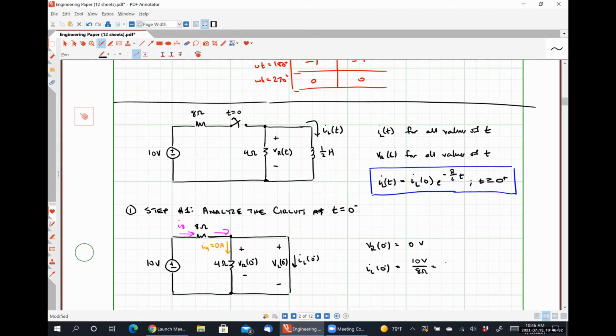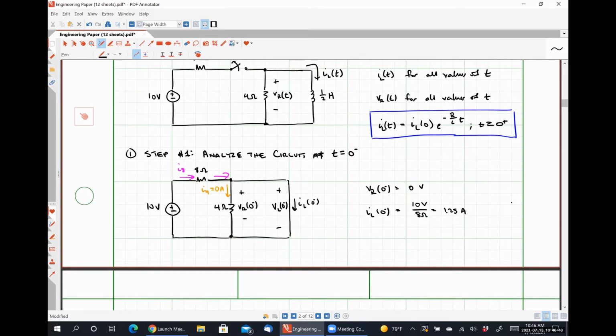So that's right. 10 over 8 is 5/4, which is 1.25 amps. So we have successfully analyzed this circuit at t is equal to 0 minus.